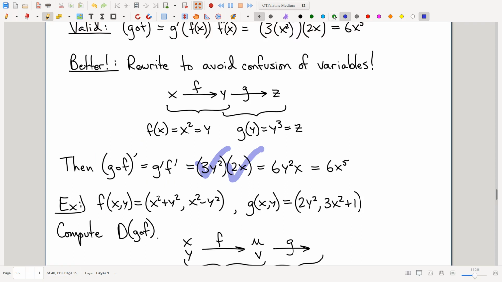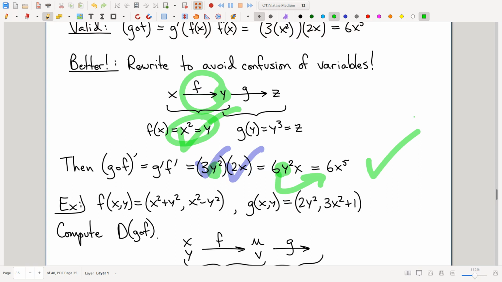And because y is my input to g, y is also my output from f, and that helps me see that this y here is in fact just x squared, and that allows me to get to the right answer.